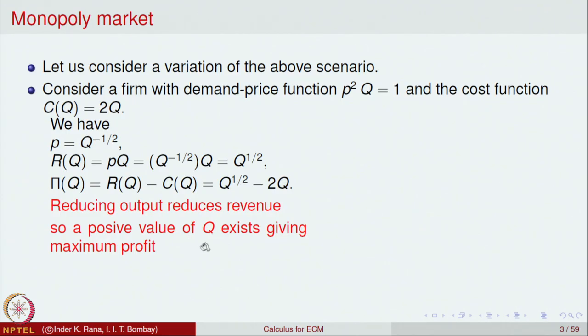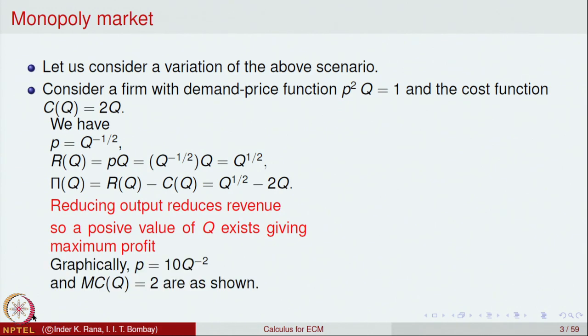So, if you increase q, then R(q) is going to increase, and if you reduce q, then the revenue is going to decrease. So, at some positive value, the maximum profit can occur. That is what this model says: the maximum profit will occur at some positive value.